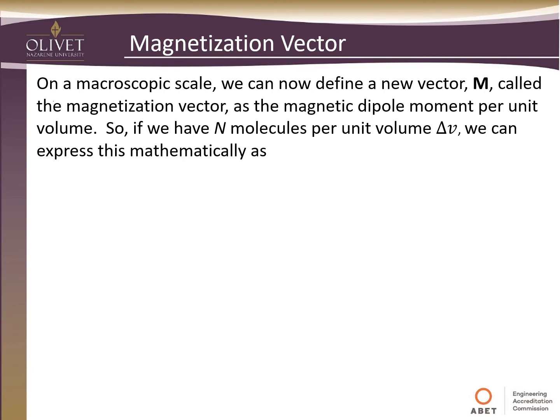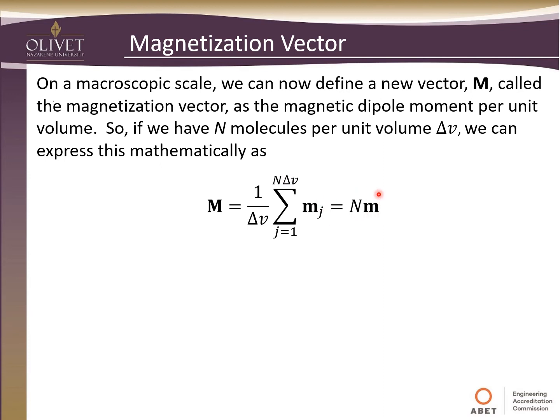If we have some number of molecules, we'll call it capital N, per unit volume, and this is a differential volume, delta V. We can express this mathematically with this formula here, where we take the molecular dipole moments and sum those up over this volume, which goes from 1 to the number of molecules.